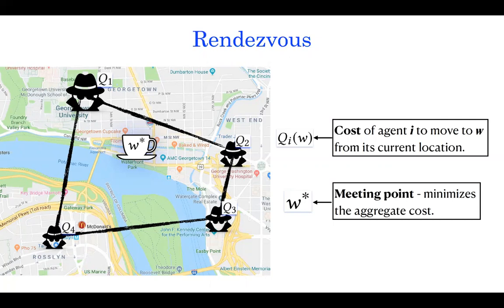For example, consider the multi-agent rendezvous problem, where W represents a location and the cost Qi of agent i represents the transportation or physical cost for that agent to move to that location W from its current location. W star, the global minimum point, is a meeting point for all these agents that minimizes the aggregate cost for all the agents involved.